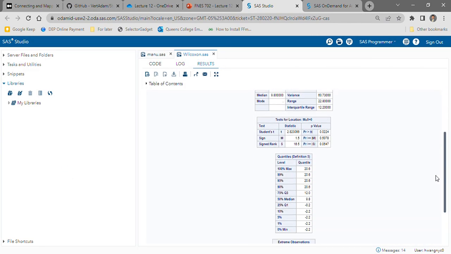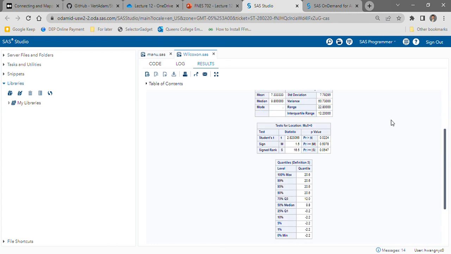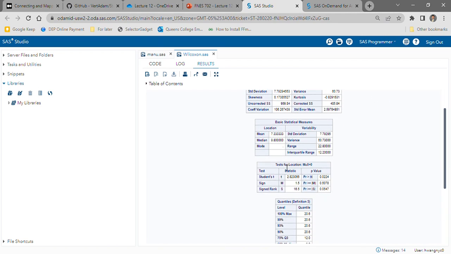We have even more statistics again, right? Where we are interested in, we are going to scroll down. Oh, here we go. Test for locations, right? And then you'll see signed rank all the way at the bottom. That's what it is. Wilcoxon signed rank. And you'll see our p-value is equal to 0.0547. Yikes! That was close, right?